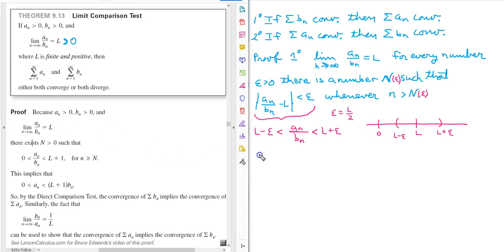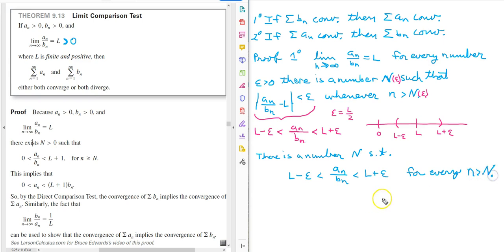Okay, so if we pick epsilon to be L divided by 2, then that means there is a number capital N such that for every little n bigger than capital N, the inequality holds. And also note that this is bigger than 0 here. Now what we're going to do is focus on this part right here.